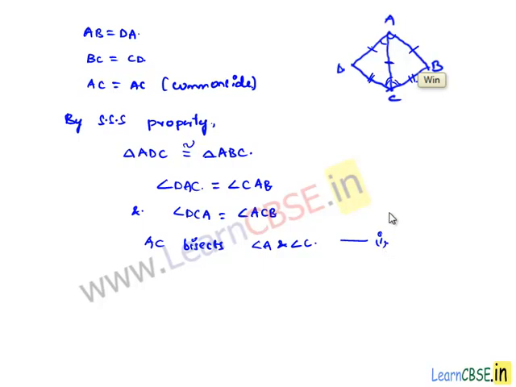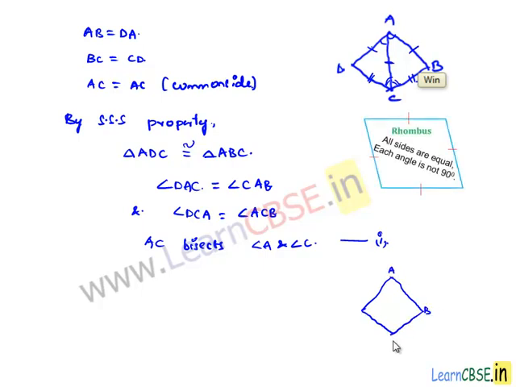Now in order to prove the second proof, that is BD bisects angle B and D respectively, let us consider the same rhombus ABCD, this time with BD as diagonal. Then we can say in both the triangles, that is triangle DAB and triangle DCB, AD is equal to CD and AB will be equal to BC.